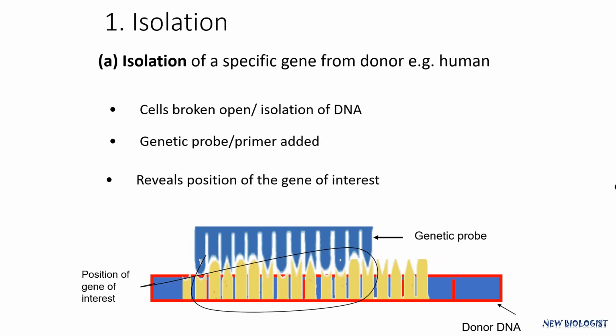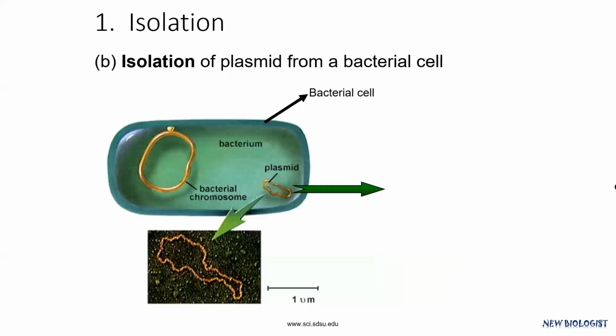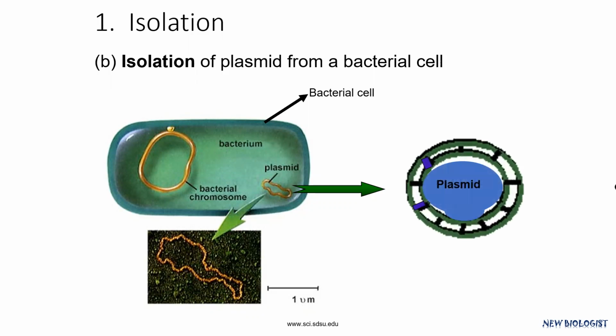We may need to design a probe or use a primer to get the desired fragment, or we may go for a restriction enzyme to get the desired fragments of our interest. The other part is a bacterial cell where we are looking to do the cloning. So the intrachromosomal DNA is generally isolated.